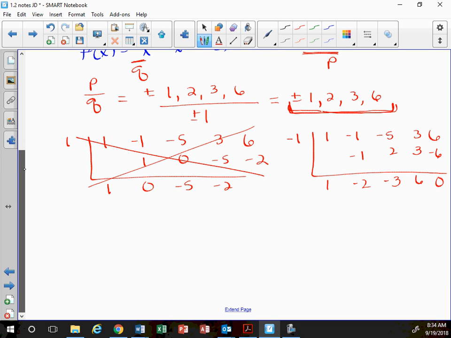Let's pick 2 this time. So I'm just going to start right where I left off and do 2. So I would have 1, 2, 0, 0, then 3, negative 6, 0. Does that make sense? Synthetically dividing, now we're down to an x squared because we divided again.